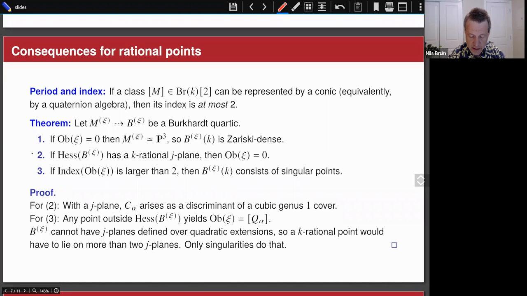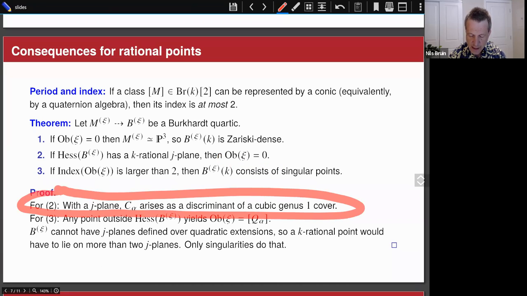There's an extra result here that if the Hessian has a k-rational J-plane, then in fact the obstruction must be trivial, because having a J-plane available allows you to construct this curve C alpha as the discriminant of a cubic genus 1 cover of a P1. And in that case, your genus 2 curve just arises without obstruction. You just explicitly construct the curve, and hence the obstruction must be trivial in those cases.